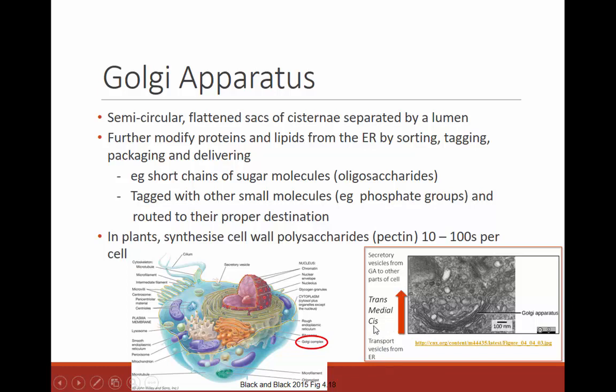Okay, so you've got 3 different layers. Basically, the transport is one way. You've got cis to trans, and you've got the transport vesicles from the endoplasmic reticulum, then they go this way to form those secretory vesicles. Okay, so it's one-way transport.